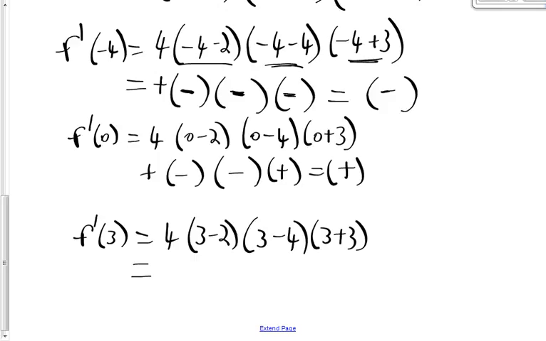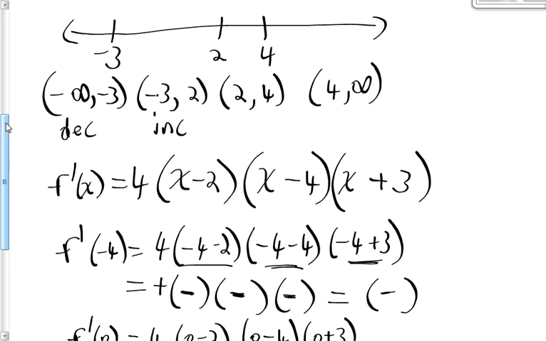This 4 is positive, and this is going to be positive also. This one is going to be negative, and this one is going to be positive. So I have a positive times a positive times a negative times a positive, which gives me a negative answer. So on this interval, the function is decreasing also.